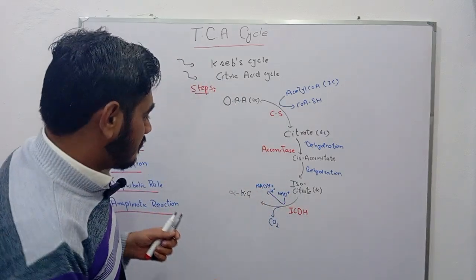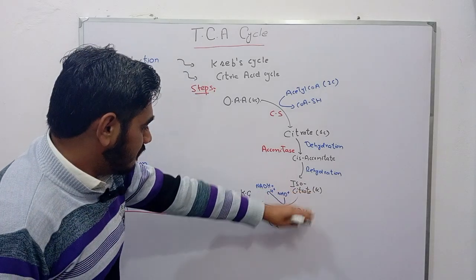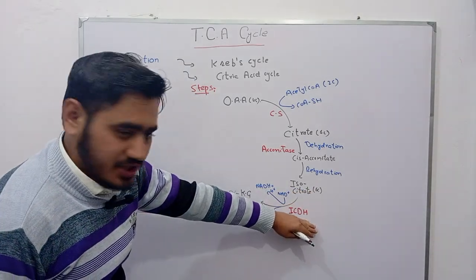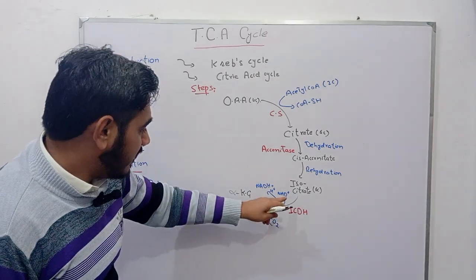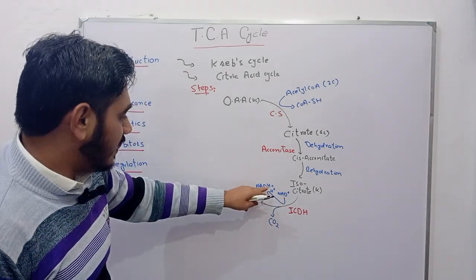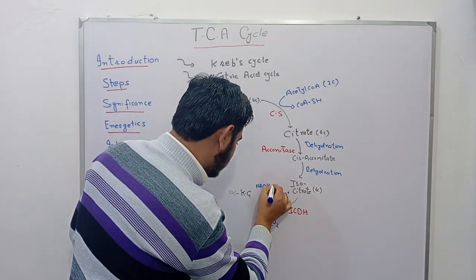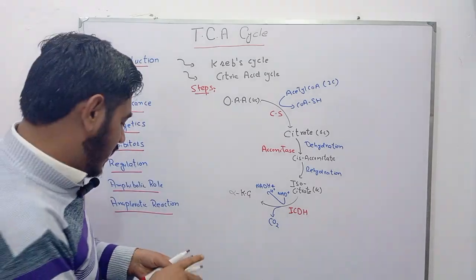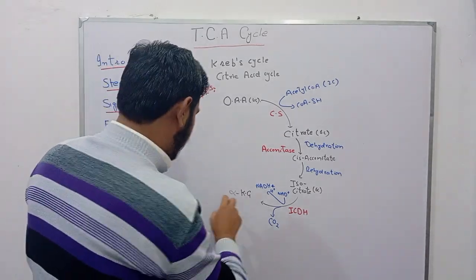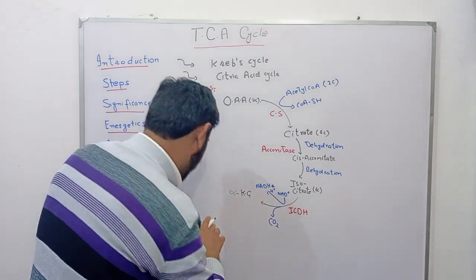So the isocitrate, with the help of isocitrate dehydrogenase enzyme, loses carbon dioxide, and NAD plus converts into NADH and H plus. There is a formation of alpha ketoglutarate, which is a 5 carbon atom containing compound.